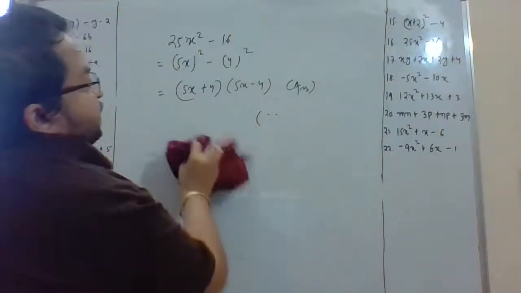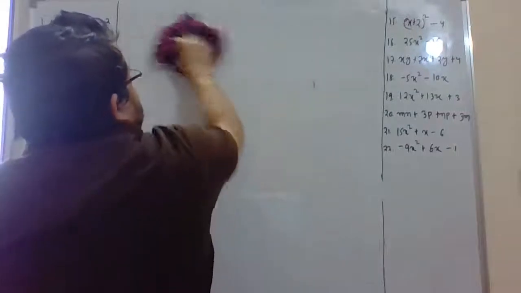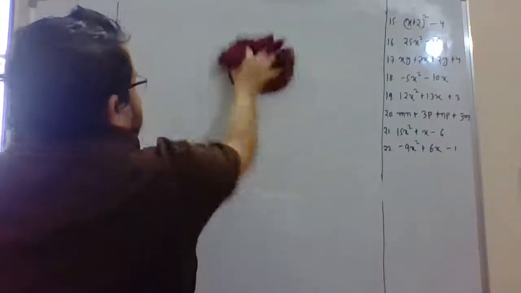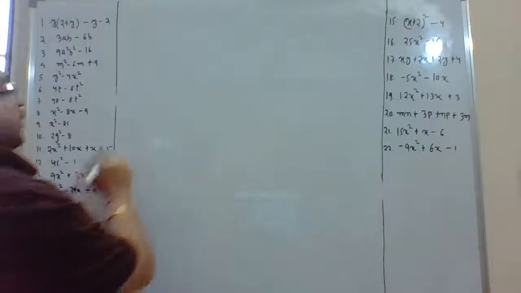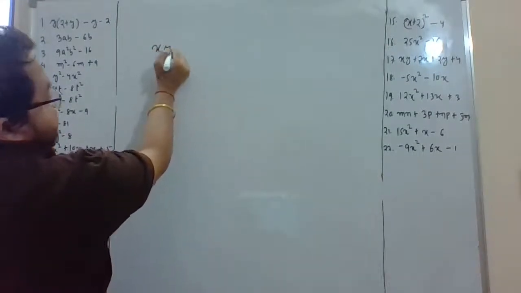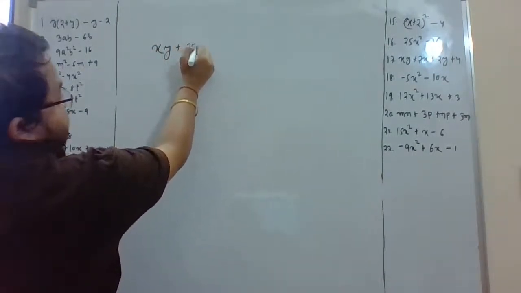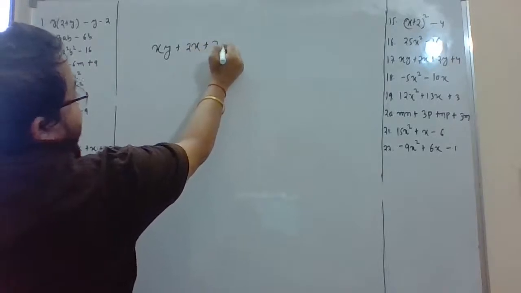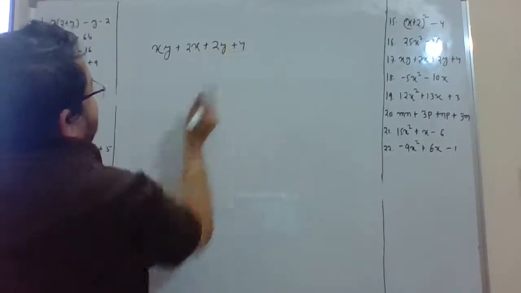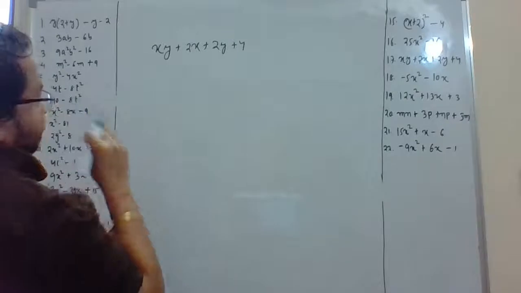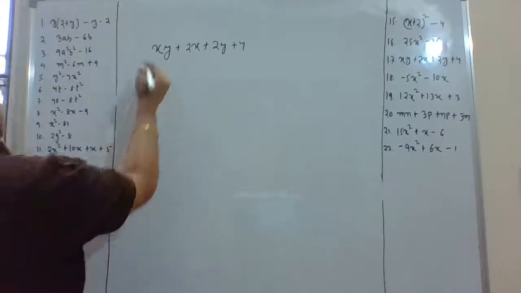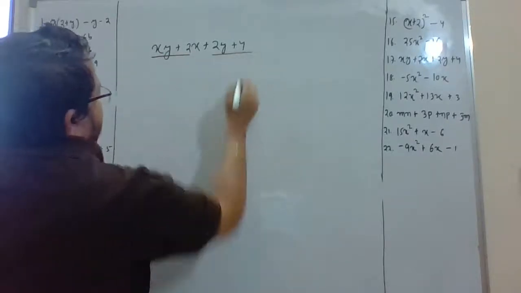Okay, good. So let's move on to the next practice problem, that is xy plus 2x plus 2y plus 4, right? So here, if you see, again, I have got four terms.